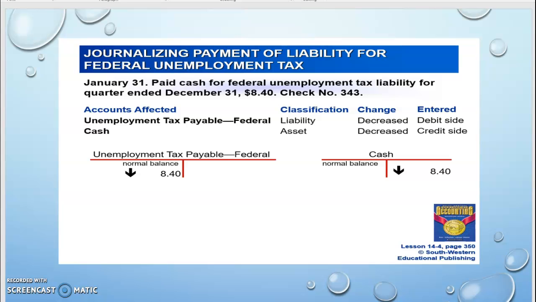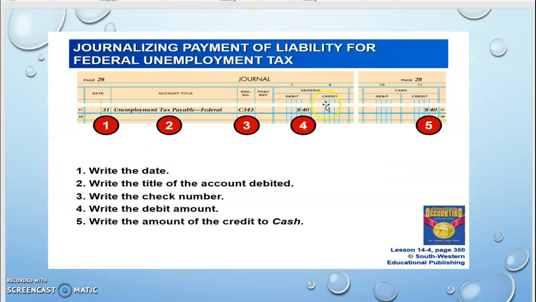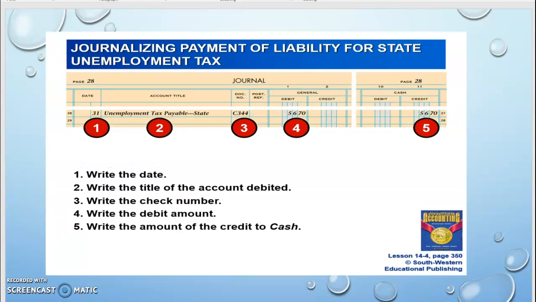Cash is credited for $8.40. You're writing a check. Remember, this is like you're closing out these payable accounts. By debiting it, you're closing it out. It'll now have a zero balance, and then you can start the new year fresh. So the transaction would read unemployment tax payable. It's a check. Credit to cash, debit to that tax.